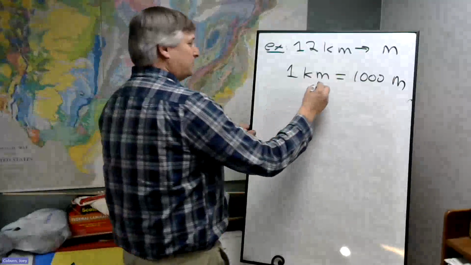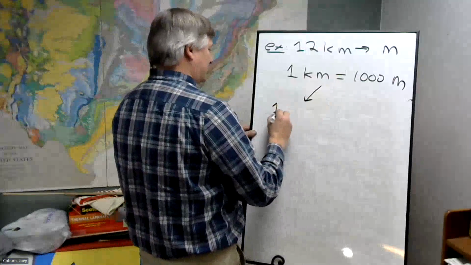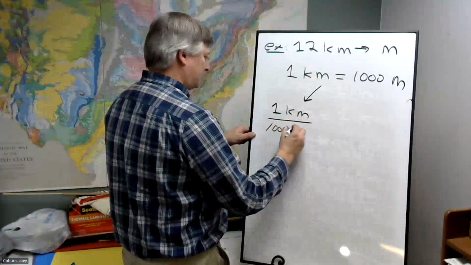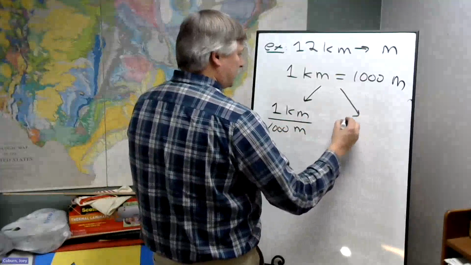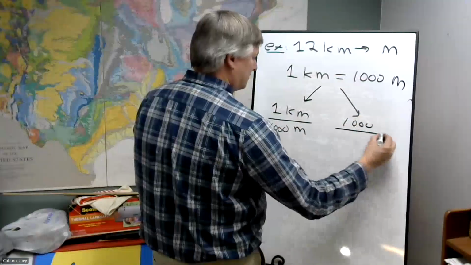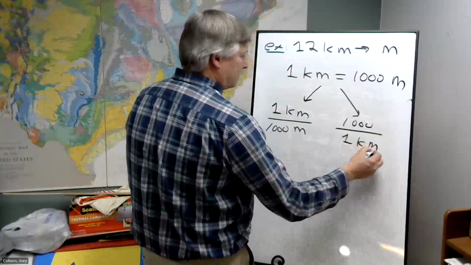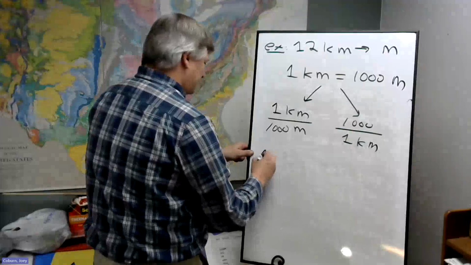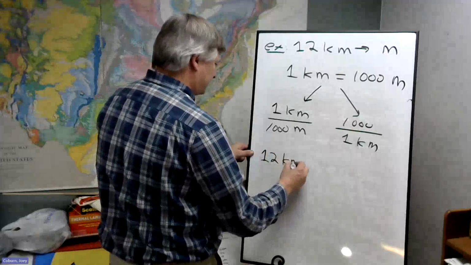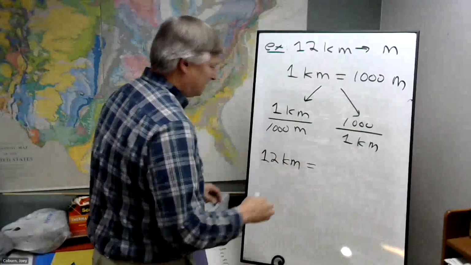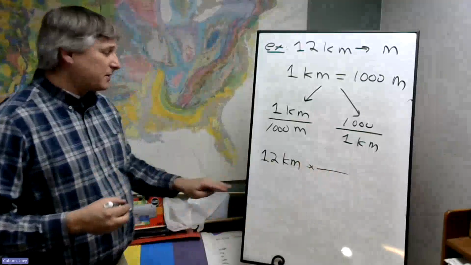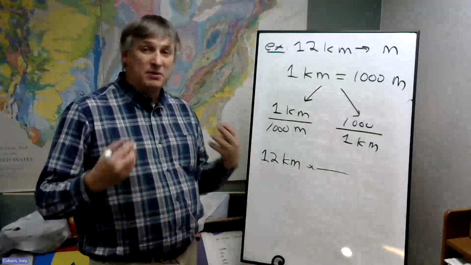So again, we've got to choose. Do we go with this ratio, or do we go with that ratio? If we want to convert 12 kilometers, we want to make sure the kilometers cancel and the meters remain.